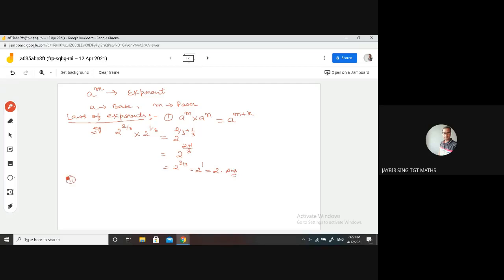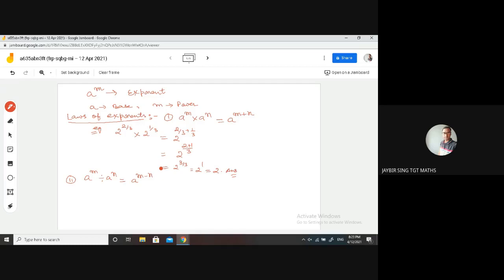Second law is a to the power m divided by a to the power n is equal to a to the power m minus n.